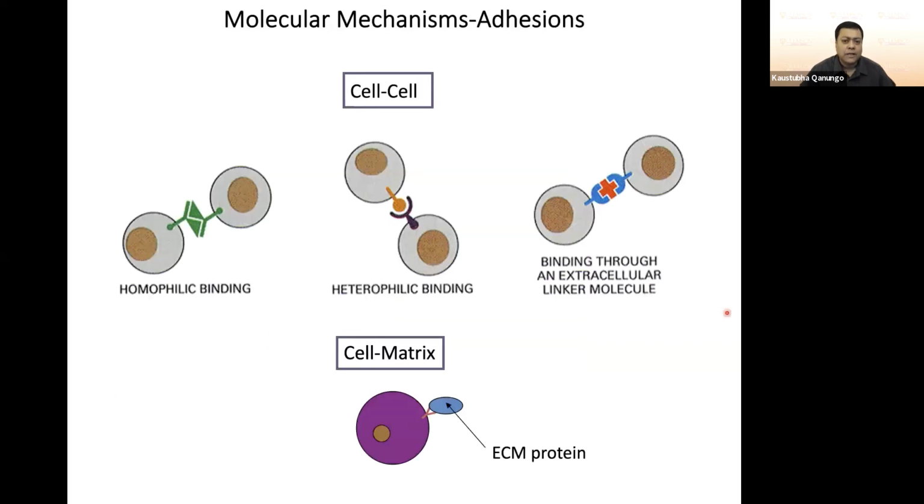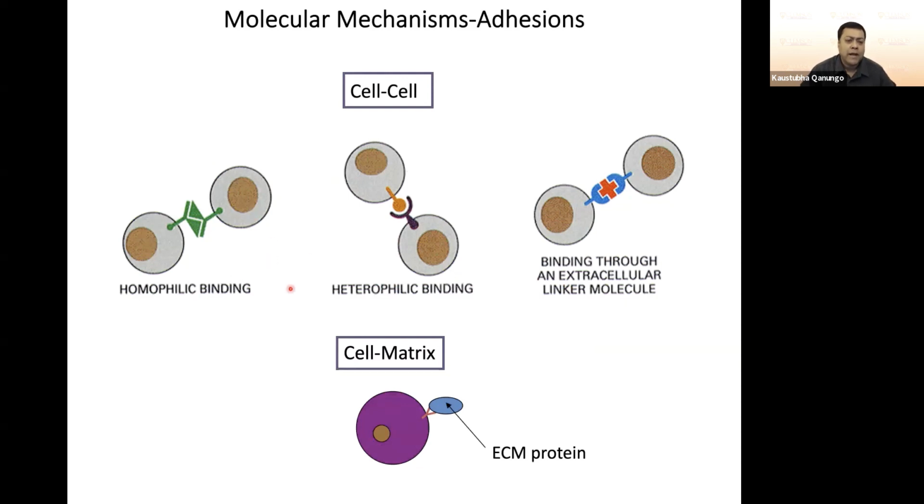The first thing we're going to talk about, we already talked about the different junctions in the last part. And in this part, we are going to go into a little bit of detail on the molecular mechanism involved in these junctions. So what are these different types? One is homophilic binding.